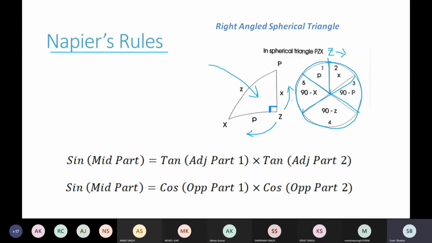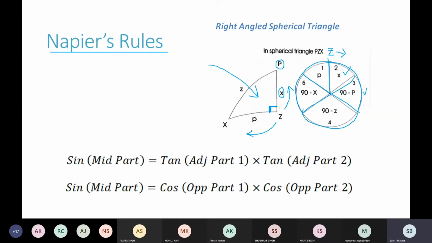So from Z, we are moving anti-clockwise in the triangle. The next part which comes is small x, which is side x. So you see side x is written here in this part. Then you have angle P, which is written in this part.